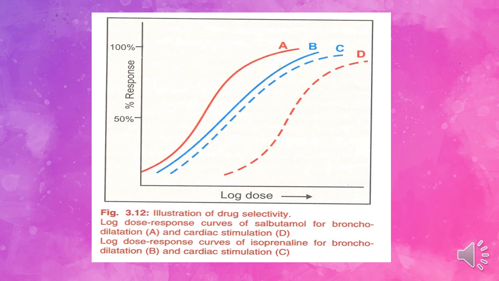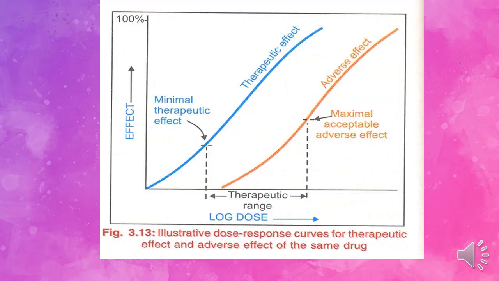So here we can see for different responses for different receptors, we have plotted the drug, and we can see how different drugs are acting for their specific functions, and we are getting the response. So here comes the effect.